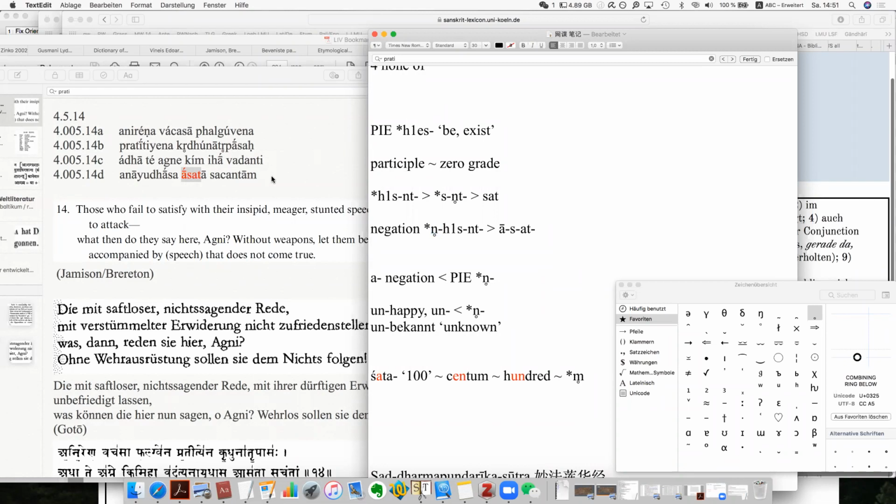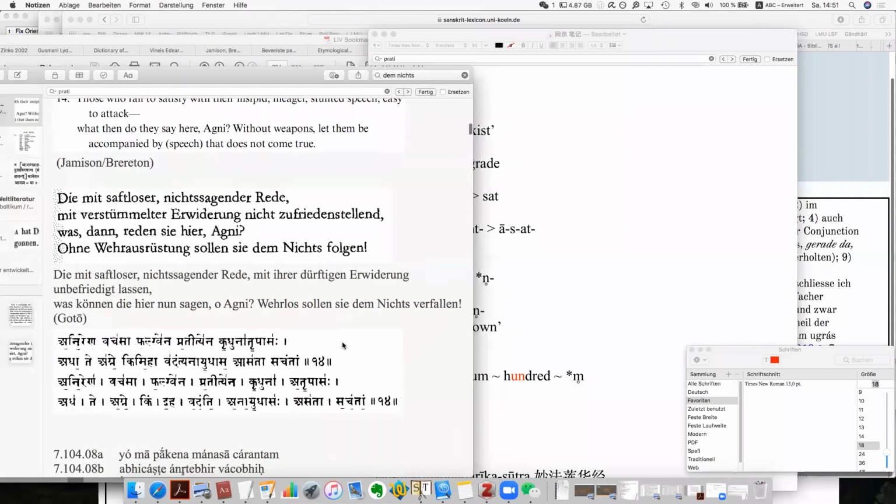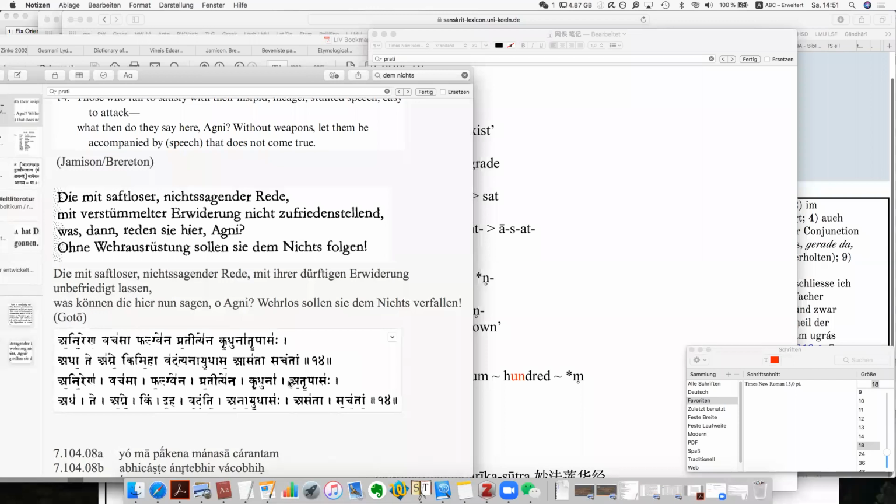But already in the Vedic time, you also find other examples with short a. And in the pada-pata there's a very interesting phenomenon. Even if you have a long a in the recitation of the Rigveda text, the pada-pata will change it to a short a.